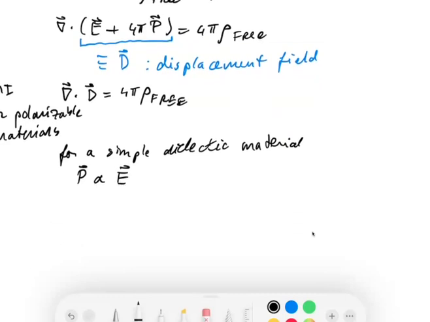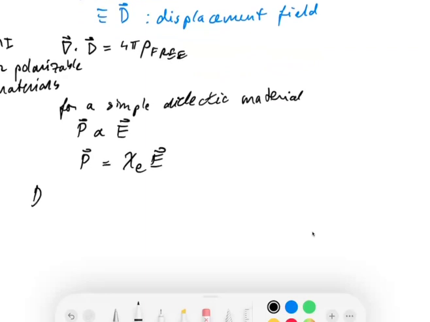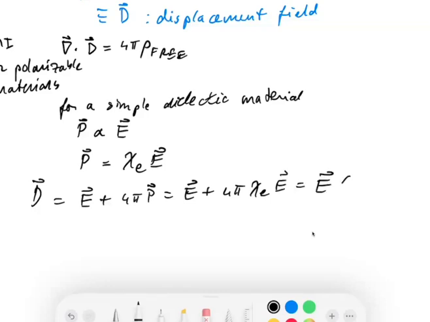And in fact, it is proportional with a simple scalar quantity chi, which is the susceptibility, times E, so that we can write D is simply E plus 4 pi P, equals E plus 4 pi chi E. Or in other words, it's E times 1 plus 4 pi chi.